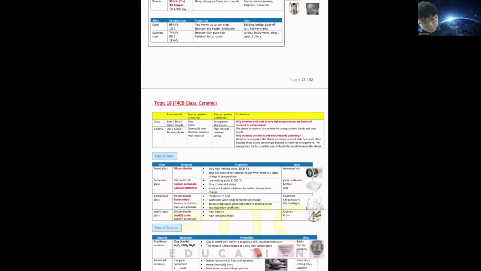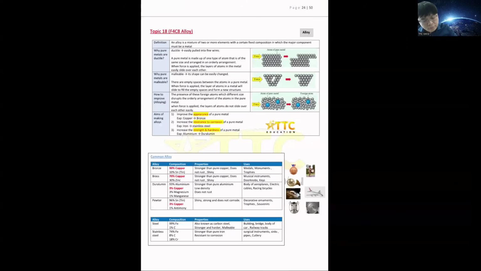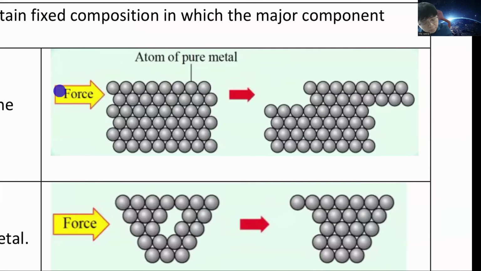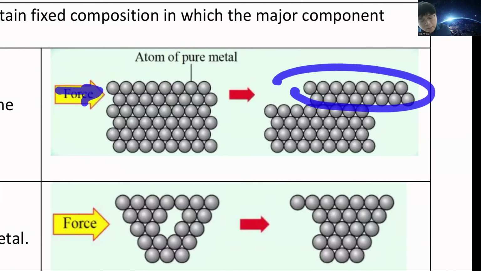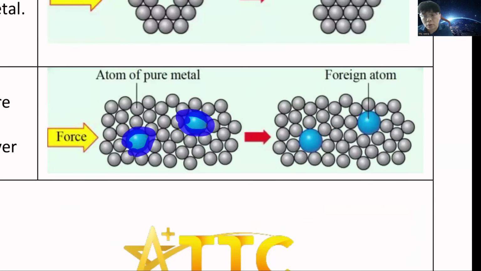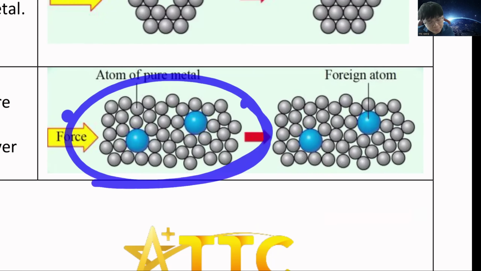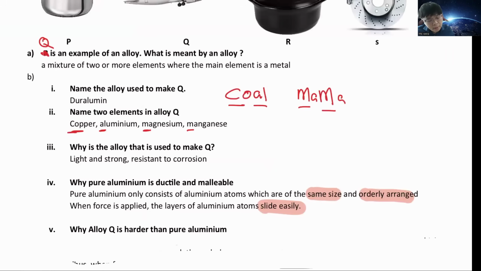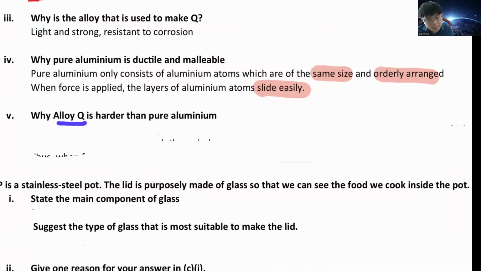If it is a pure metal, they are all the same size, and when you apply force, they slide. But for an alloy, you add another element, which is not the pure metal, and it will disturb the orderly arrangement. It makes it harder to slide. So they might ask you why duralumin is harder than pure metal.